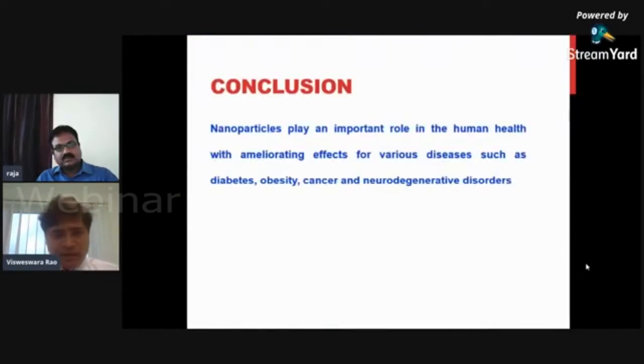And this is my conclusion for the day. Nanotechnology plays an important role, not only for human health, but it ameliorates complications. For example, if you take diabetes, you may think I'm using the word diabetes many times because that's my core research. Diabetes and its complications, whether retinopathy, nephropathy, neuropathy, or whatever.